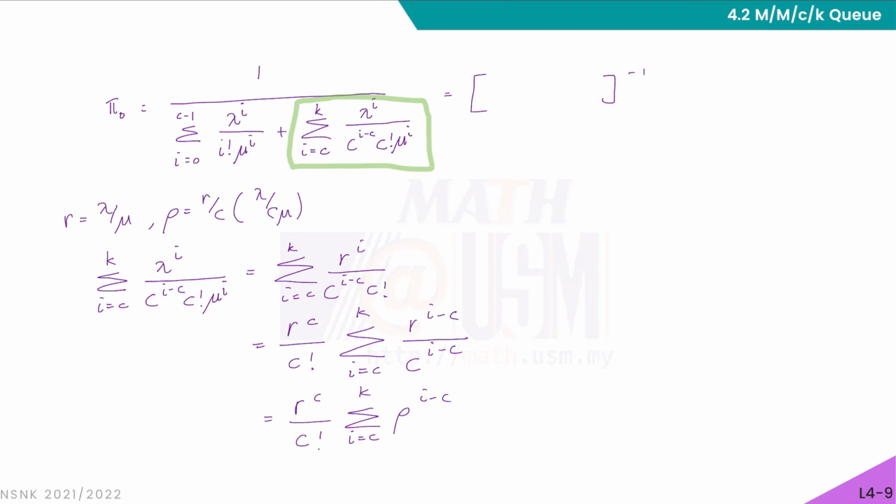So you're going to consider two cases here, which are rho not equal to 1 and rho equal to 1.